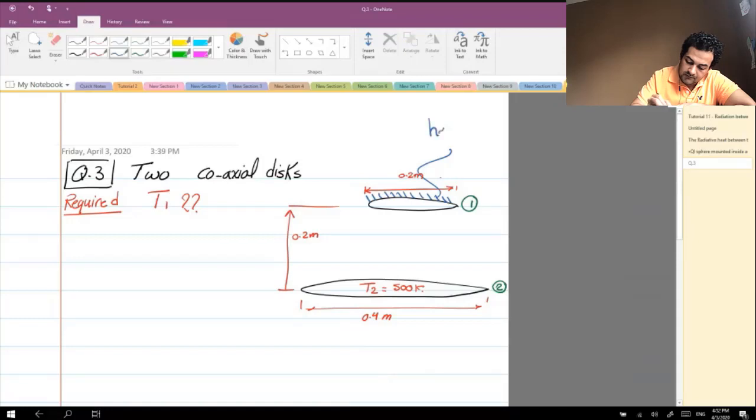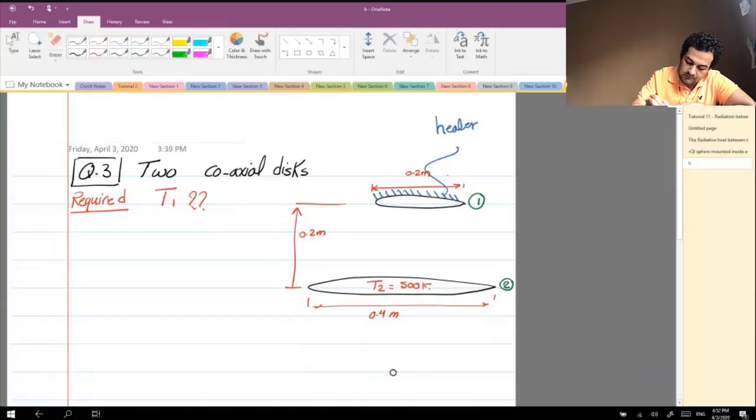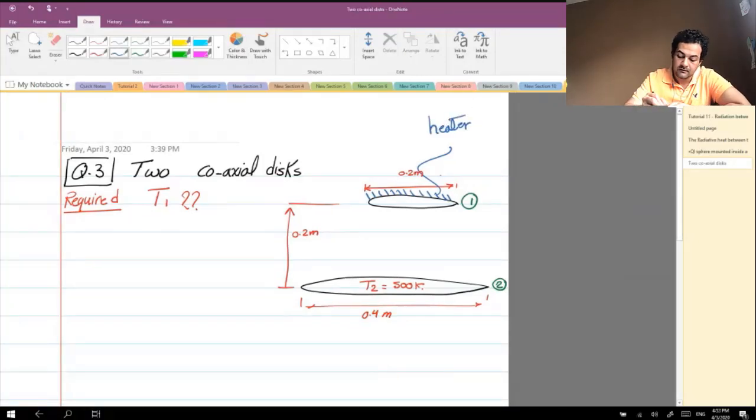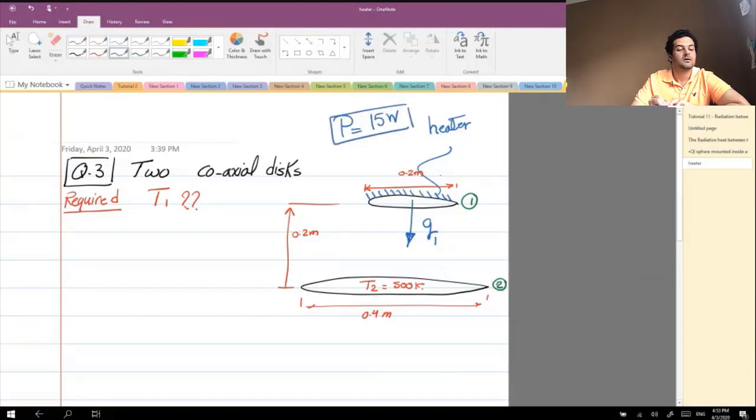So there is a heater here, and this heater is going to emit heat in that direction, Q1. The heater power was 15 watt. Also given to you is the surrounding temperature.